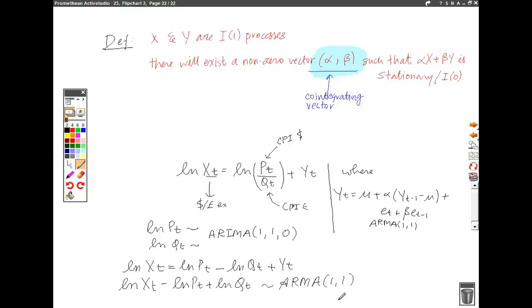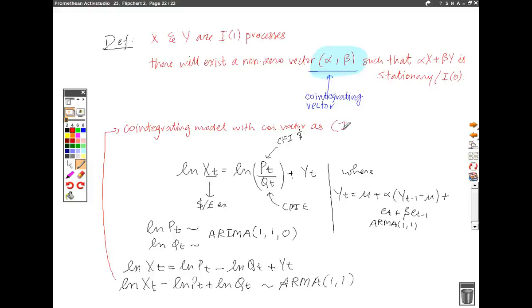So that is how you get a co-integrating model. If I were to write this, what I have is a co-integrating model with co-integrating vector as, so my x has the coefficient 1, pt has the coefficient -1 and qt has the coefficient 1.